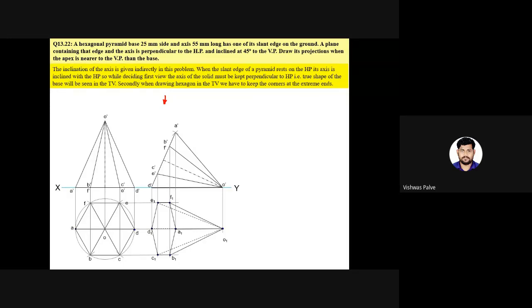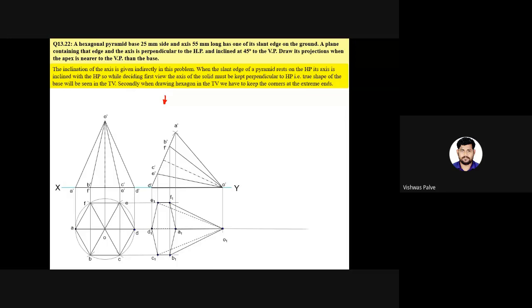Now the third stage, what they are saying: the plane containing the edge and the axis. This plane is inclined at an angle of 45 degrees with VP.